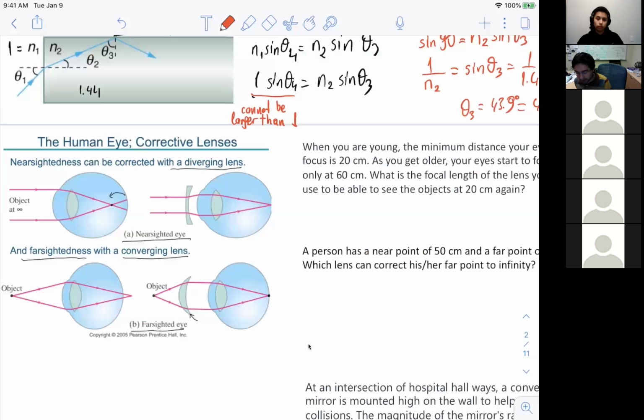The focusing power is stronger, so it focuses the images very close to the lens, instead of at the back of the eye. To correct this, we use a diverging lens, which means instead of focusing, it's defocusing. So it's kind of reducing the power of your eye.